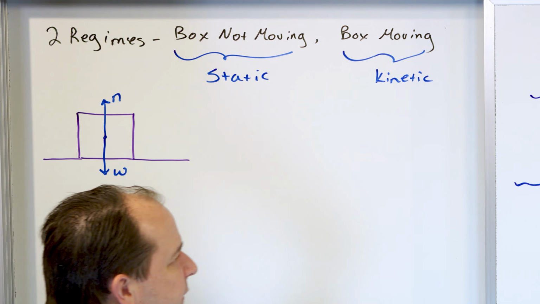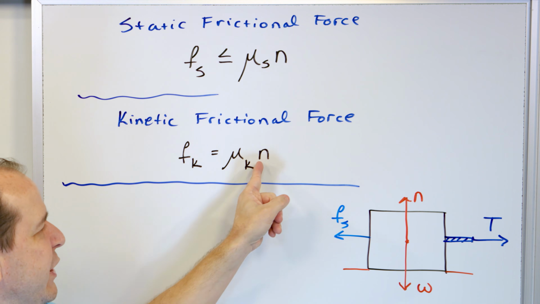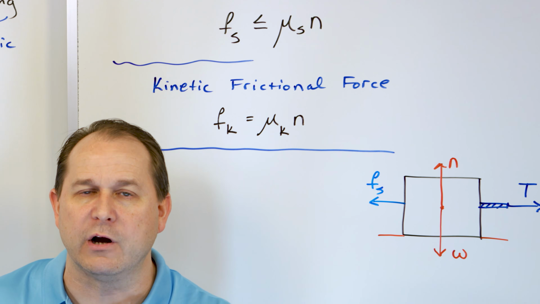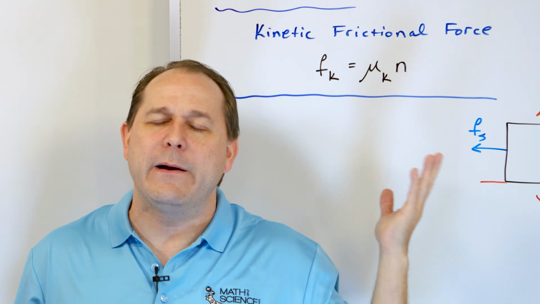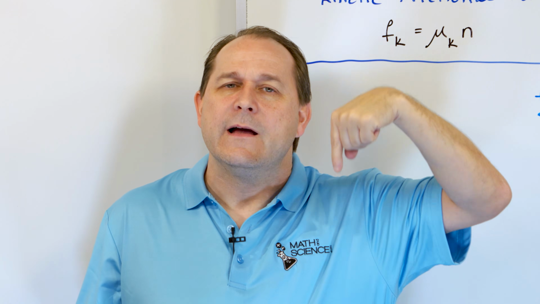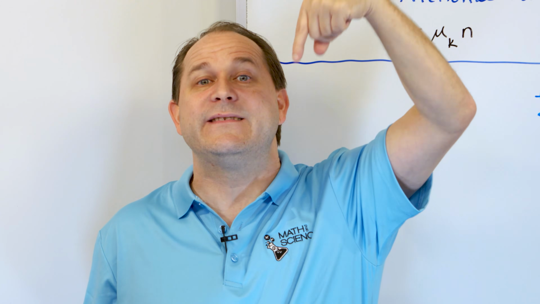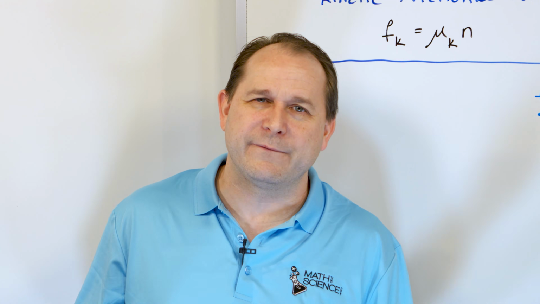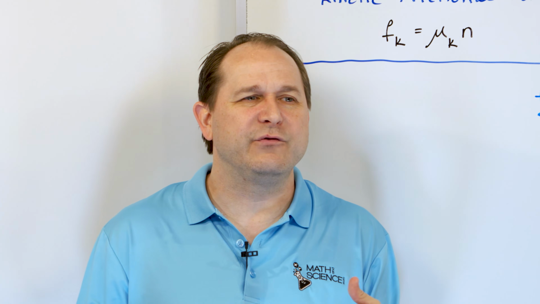So in these equations, which I've already written down and we'll talk about more later, we put the normal force in here, which is exactly the same number as the weight of the object, but the normal force is acting up. That's why we put the normal force in there instead of the weight, because technically the weight is acting down, and technically the weight is a negative number because down is negative. But it depends on how you want to treat the signs.